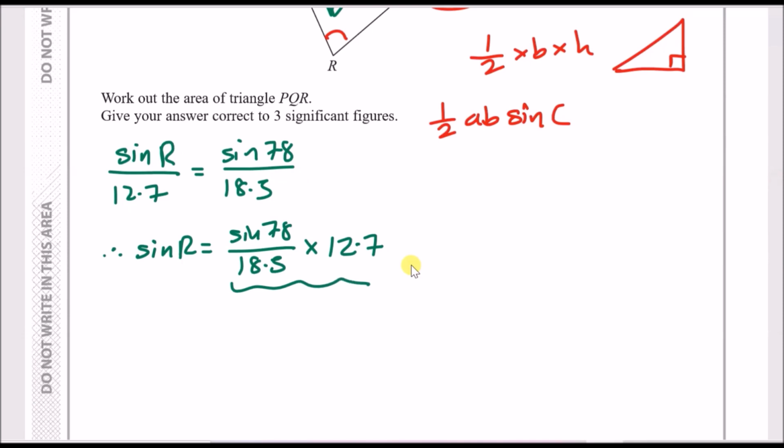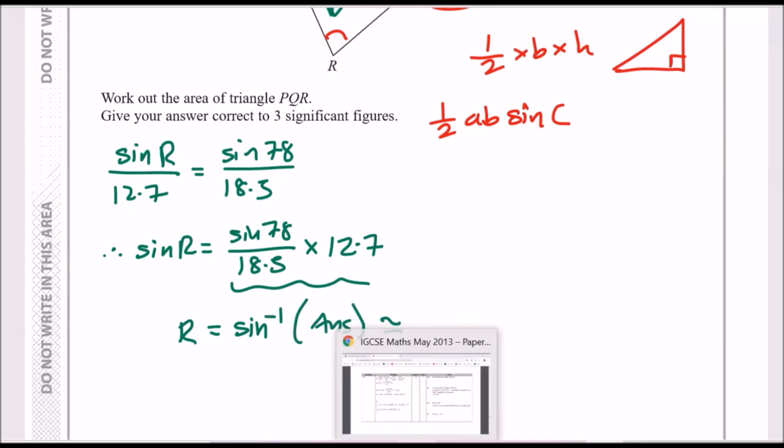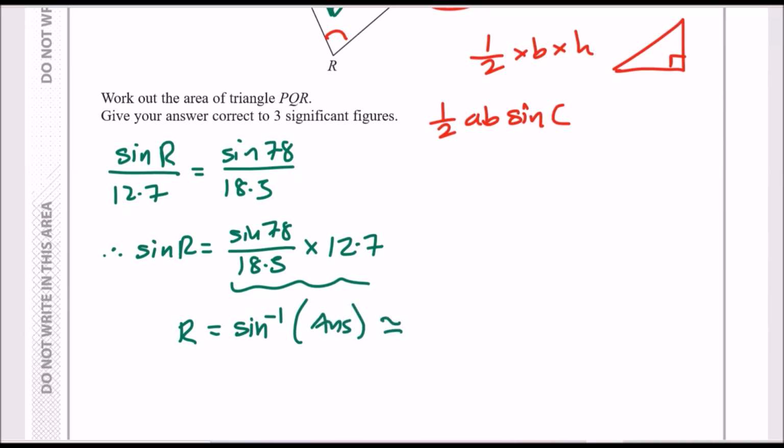When you do that, I want you to then separate sine from R. So I want you to sine inverse, so sine -1, whatever your answer in your calculator is. And when you do that, you should get an angle of 42.1817 ... degrees. So you get something like that, yeah?